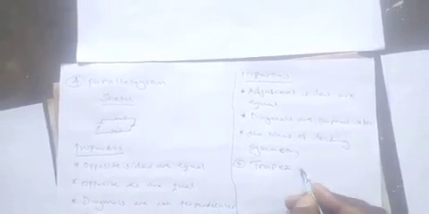Let us talk about another quadrilateral. Quadrilateral number 6 is called trapezium. Sketch. We have got two kinds of trapezia.